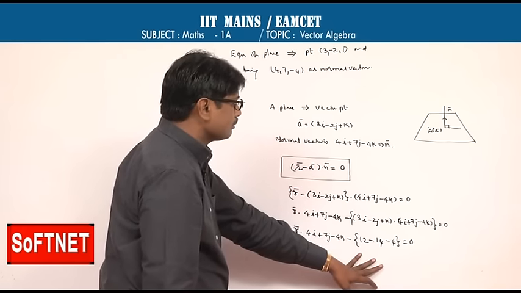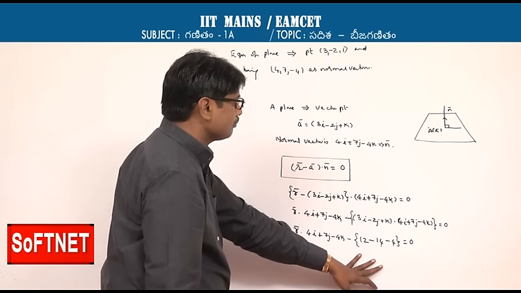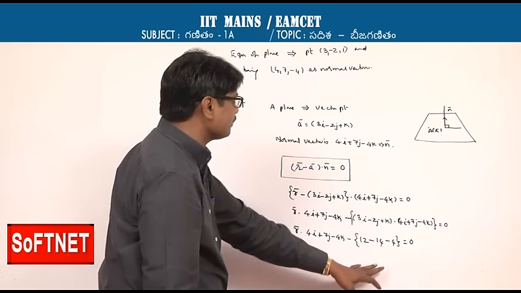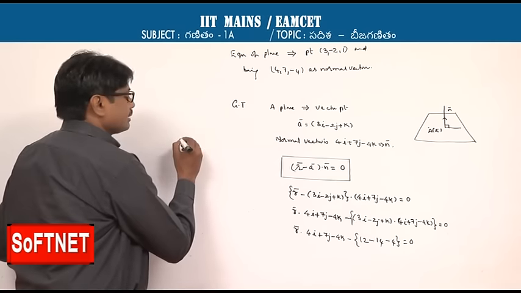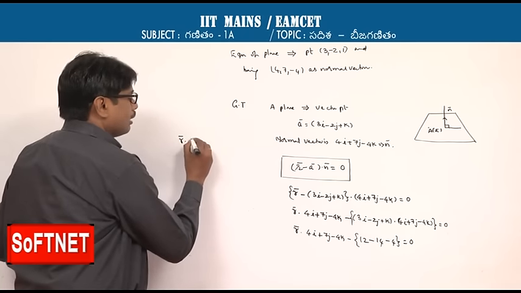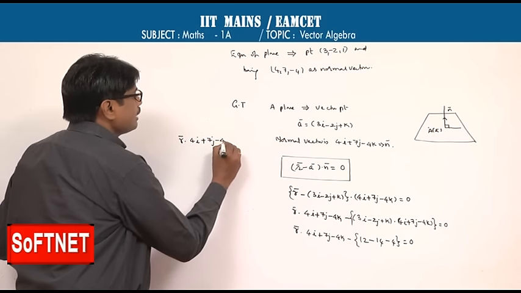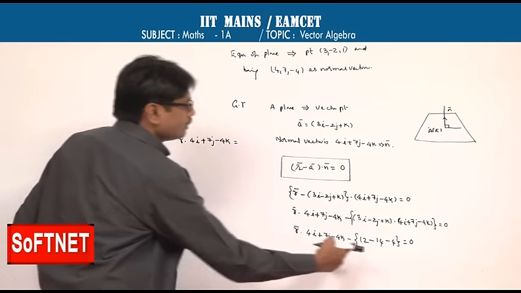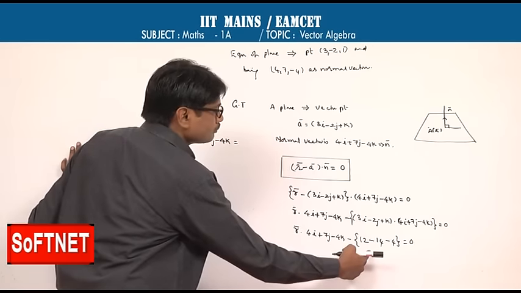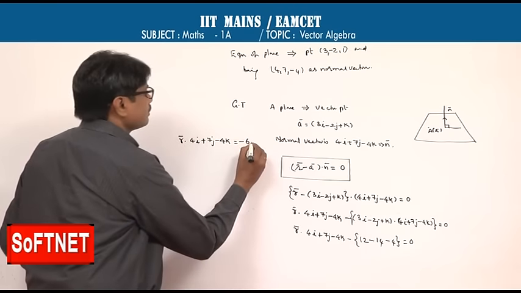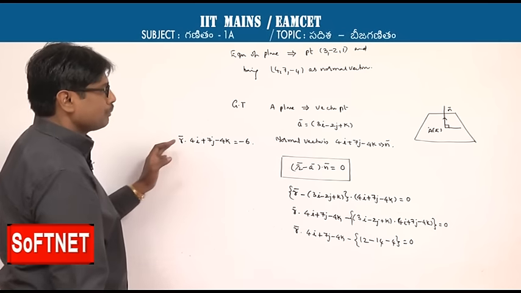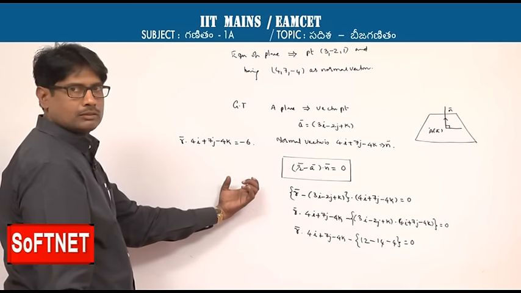That will be minus 6, minus of minus gives plus 6. So the vector equation of the plane will be r bar dot (4i bar plus 7j bar minus 4k bar) is equal to minus 6. This is the equation of the plane passing through a bar and perpendicular to n bar.